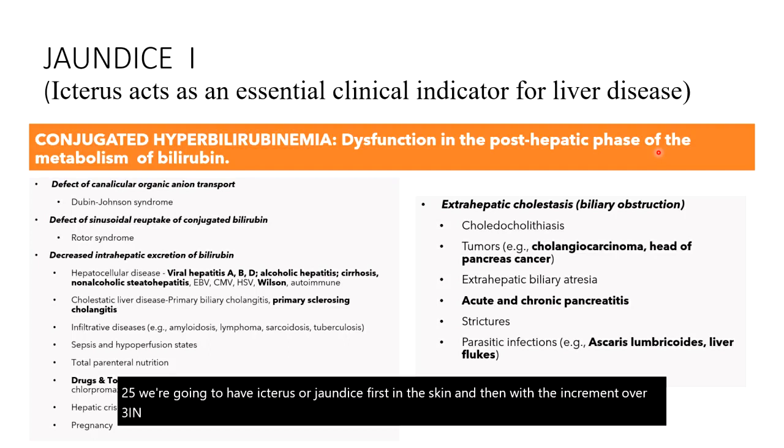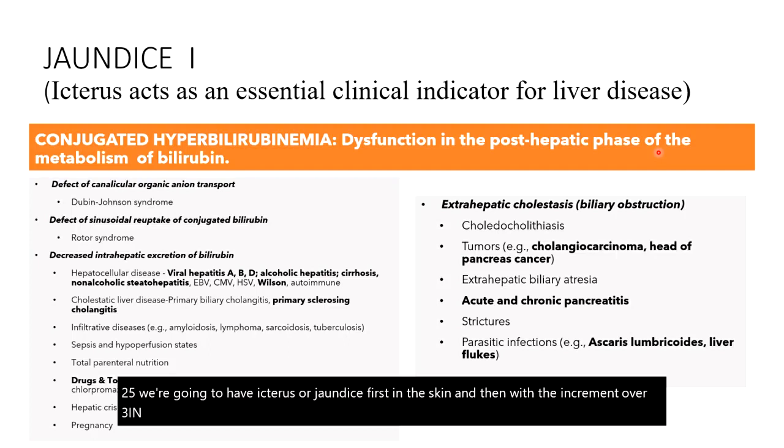Causes, about what causes jaundice, with predominance of conjugated hyperbilirubinemia. I was able to indicate in bold the most important ones. I already mentioned Dubin-Johnson syndrome and Rotor syndrome, but also viral hepatitis A, B, and D, alcoholic hepatitis, cirrhosis, not meaning that because it is a hepatocellular problem, with Wilson disease we can also have elevation of both.